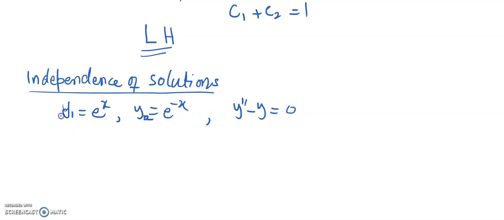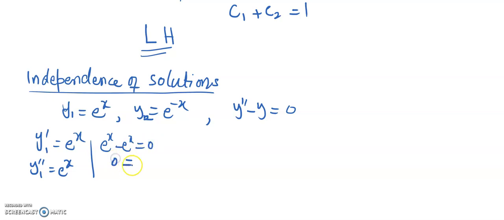So one by one we can verify. So y1 prime will be e power x, y1 double prime will be e power x. So if we put it over here, e power x minus e power x is equal to 0. 0 is equal to 0.